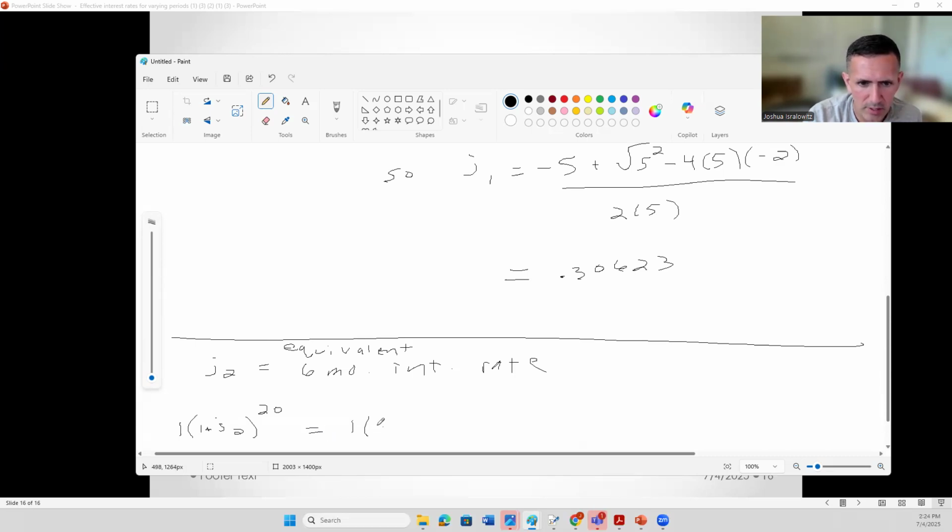So that's the same thing as taking my $1 times 1.30623, because we know this $1 is going to grow by 30.623% every year. Sorry, money grows by 30.623% every 10 years, right?